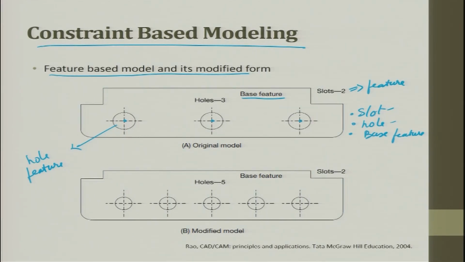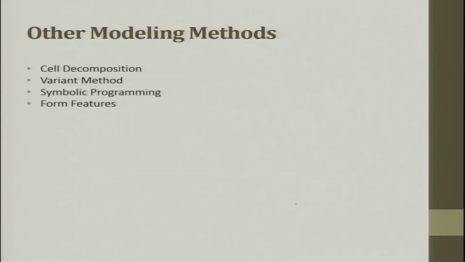So when I say hole as a feature, immediately when I draw the CAD for the CAM, it is easy to bring in all the manufacturing processes attached and allied to it. Okay. So in this particular case, we have distinguished different features and linked these features to the manufacturing process.